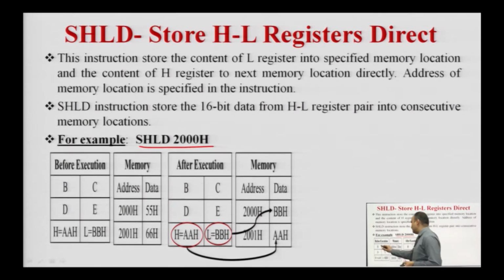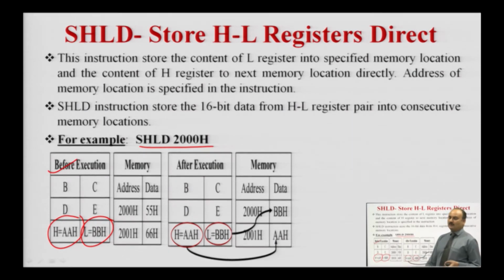Before the execution of the instruction SHLD 2000H, the content of H register is AAH and the content of L register is BBH, and the two consecutive memory locations having addresses 2000H and 2001H hold 55H and 66H respectively. Whenever the microprocessor executes this instruction, the content of L is stored into the memory location having address 2000H.